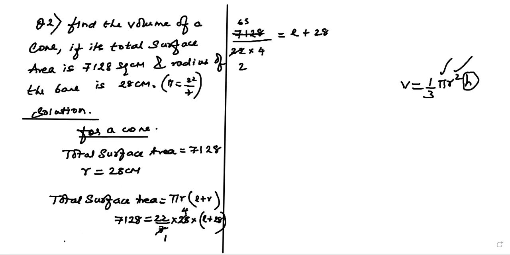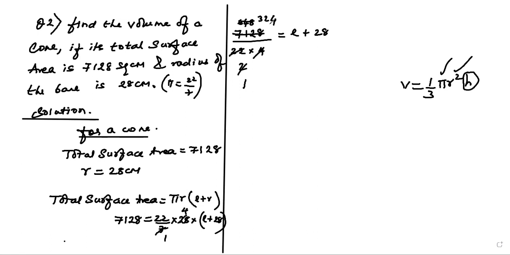11 fours are 44. So what is remaining, children? 52 minus 44 is 8, 88. Again, children, this goes in 2's table, 324.